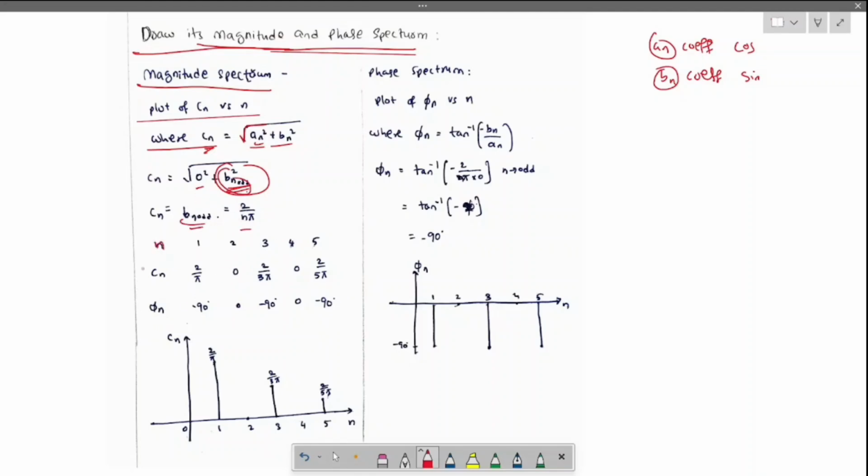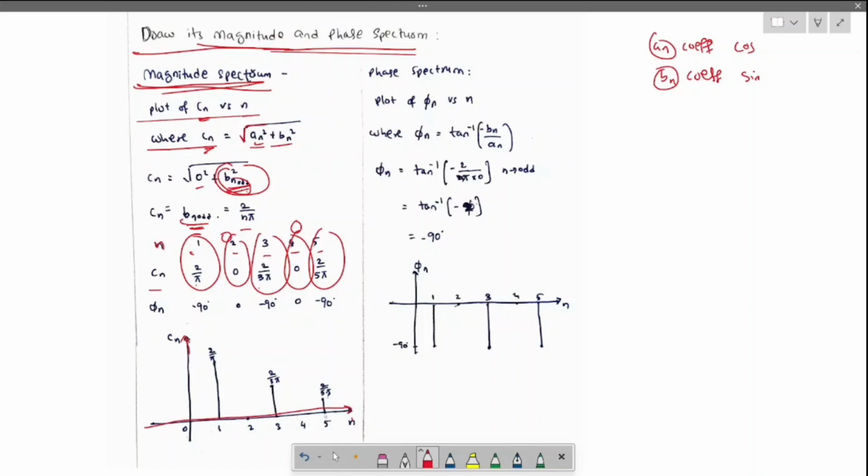Let us take n as 1, 2, 3, 4, 5. Samples. Cn, bn exists for the odd things only. Evens are 0, 0, 0. You will get 2 by 1 into pi, like 2 by pi, 2 by 3 pi, 2 by 5 pi. When you plot the graph, what we need to plot in the magnitude spectrum is the graph for Cn and n.